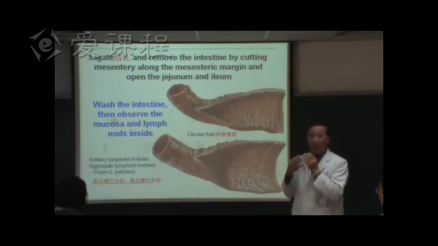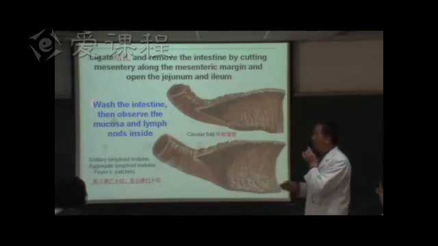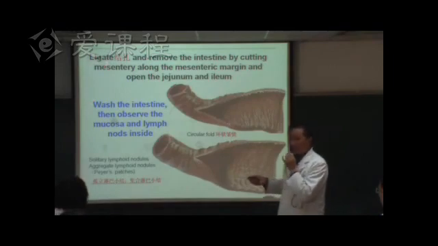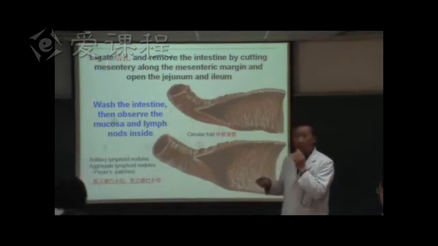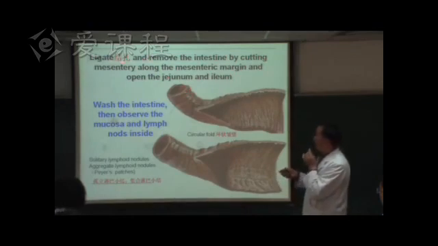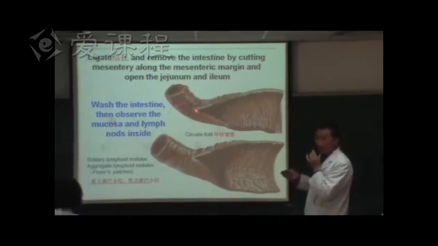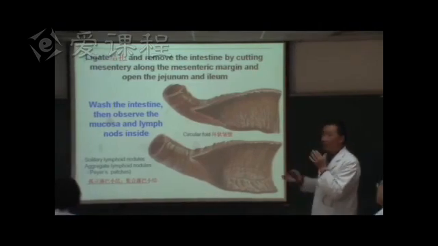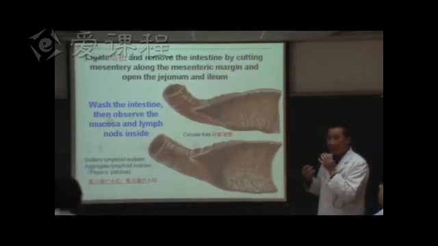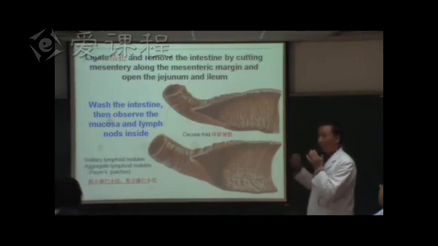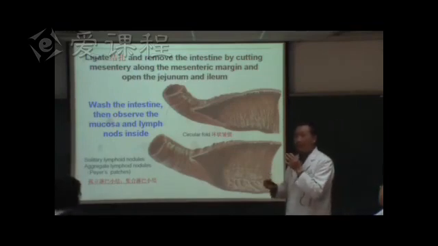But before you cut and remove the small intestine, you should ligate with some thread, and then cut the mesentery. After the mesentery is cut, the whole small intestine can be removed.